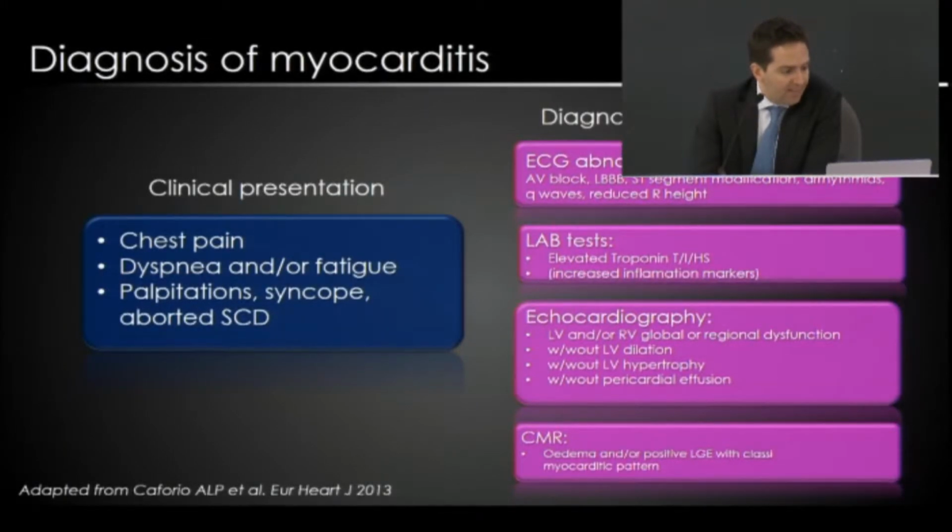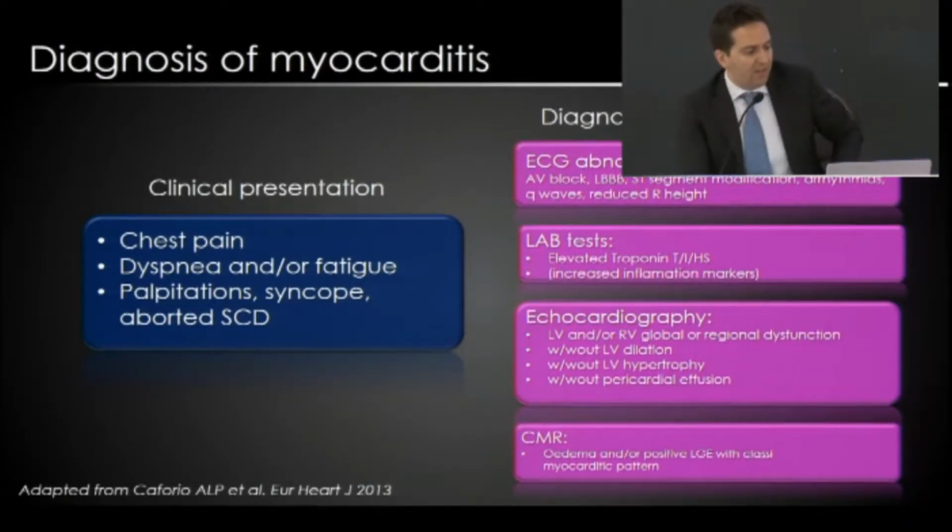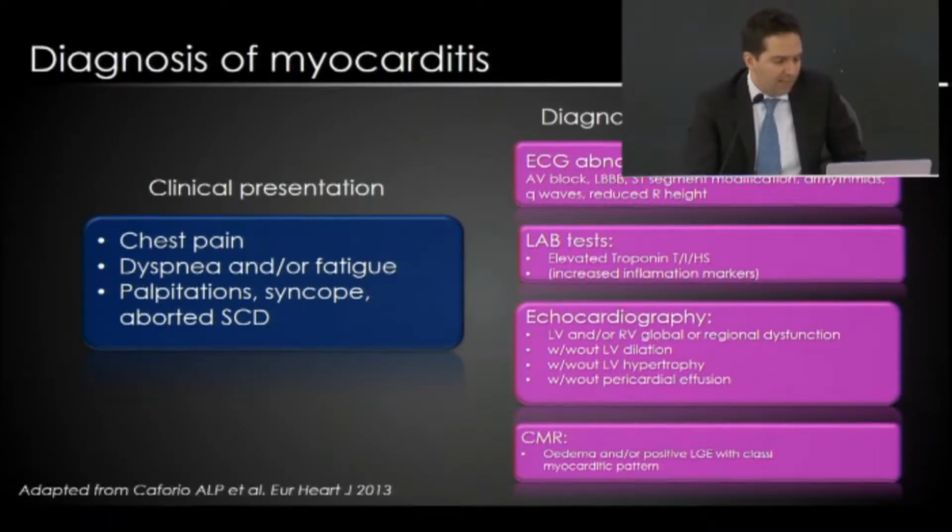How can we make a diagnosis of myocarditis? There are several criteria. In terms of clinical presentation, patients may have chest pain, dyspnea, or fatigue. They can have symptoms such as palpitation or syncope, or in the worst cases, aborted sudden cardiac death. In terms of instrumental findings, you can identify some ECG abnormalities such as AV block, left bundle branch block, or ST segment or T wave abnormalities.